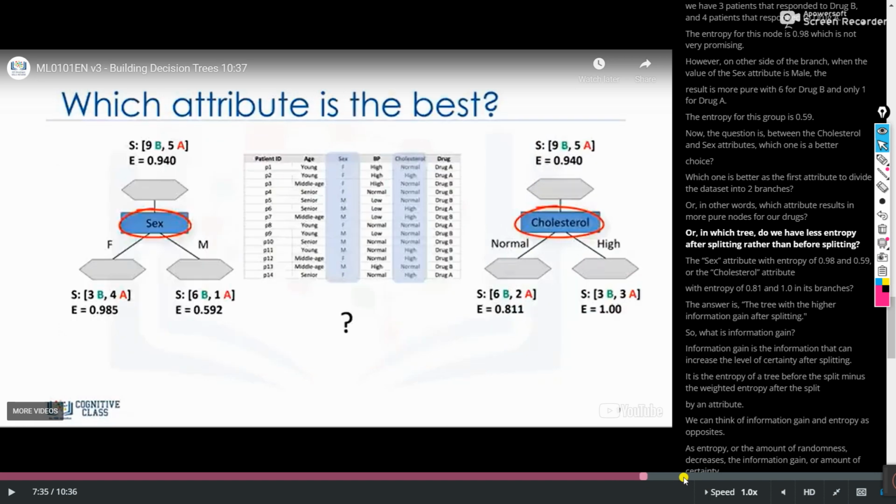Then they took the second attribute, cholesterol, found the entropy again and compared the two. Then they take the third variable, BP, and the fourth variable, age.